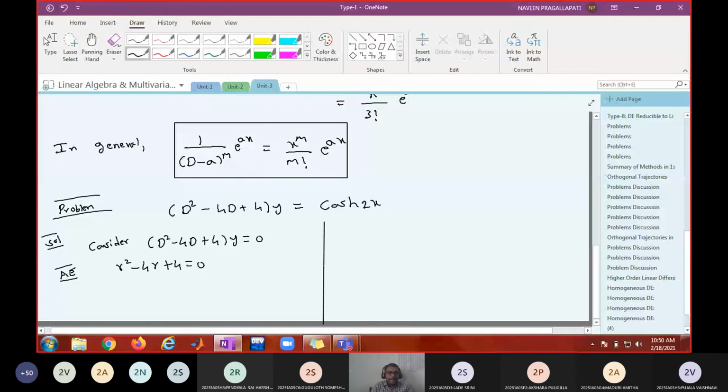That means, what are the roots? r minus 2 whole square, so the roots are 2 and 2. Therefore, what is the general solution? y equal to (C1 plus C2 x) into e power 2x. Is it okay?